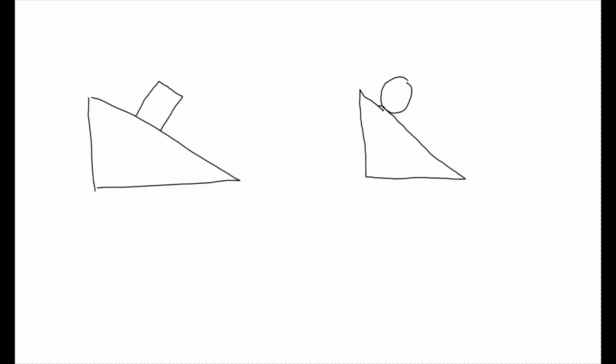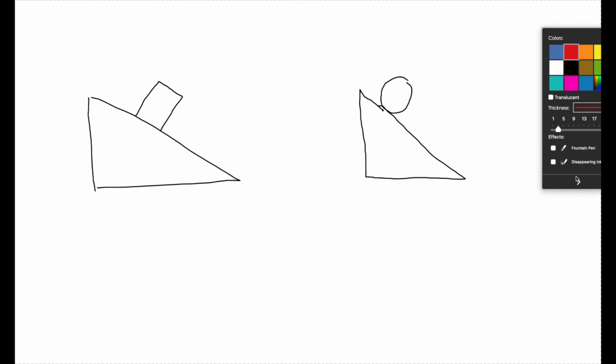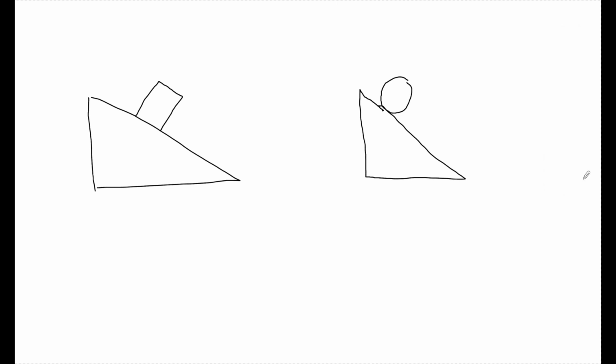The last thing I want to mention is that sometimes they're going to ask us to draw forces on the actual diagrams themselves. These are not free body diagrams, but I want to show you the difference between what they're asking here and what a free body diagram is. On the AP exam, I've seen this happen most often. So for this first picture over here, we'll call this picture A with the inclined plane and the box. I've seen them say, draw a vector to represent the force of the normal from its origin.